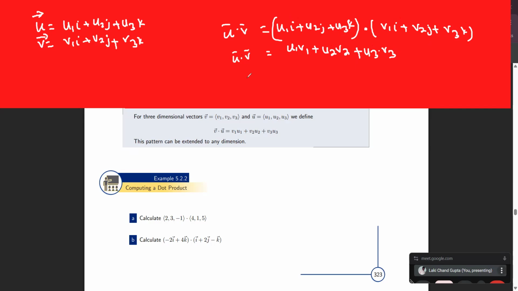I see. So the dot product is basically the product between each corresponding component. The dot product is also called the scalar product.